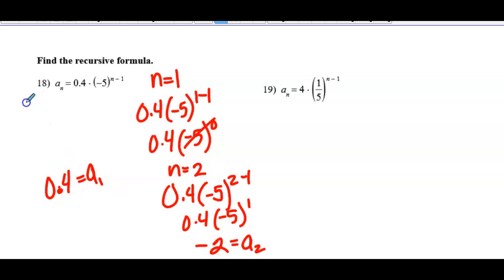So if we were listing the terms, we have 0.4 is the first term, negative 2 is the next term. Okay, if we put a 3 in here, 0.4 times negative 5 to the power of 3 minus 1, you get 10.